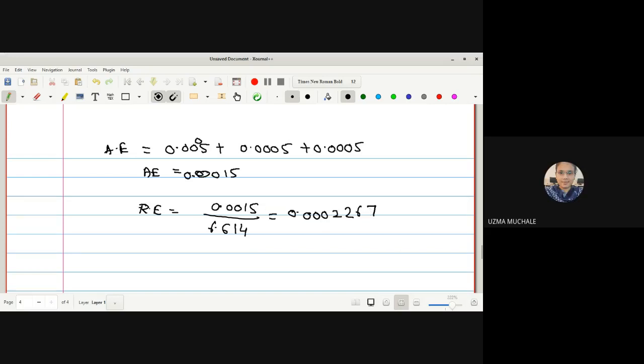Did everyone get the same answer for absolute error and relative error? Those who have solved, solve the next one. Evaluate the sum S equal to root 2 plus root 5 plus root 11.